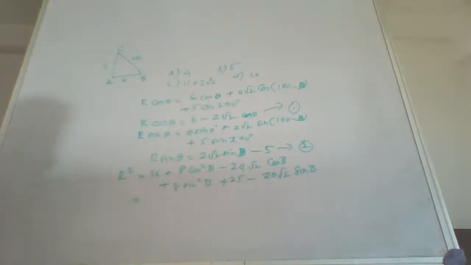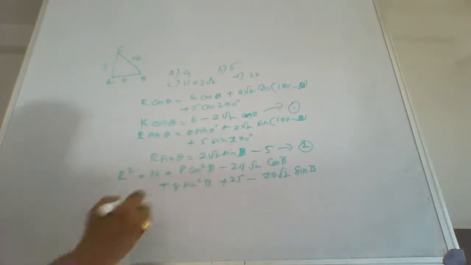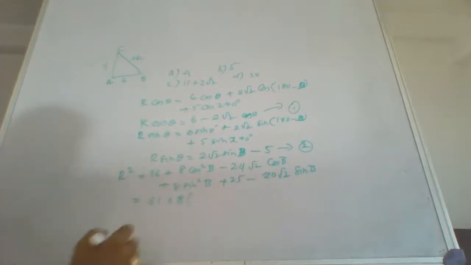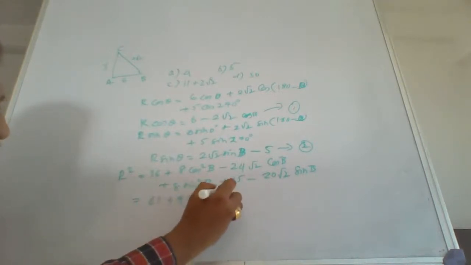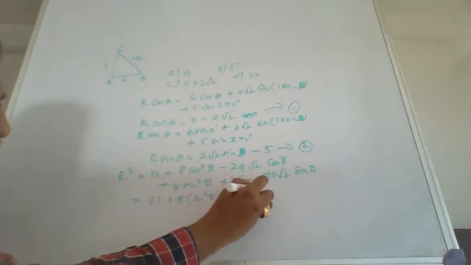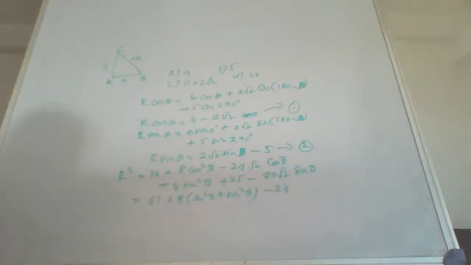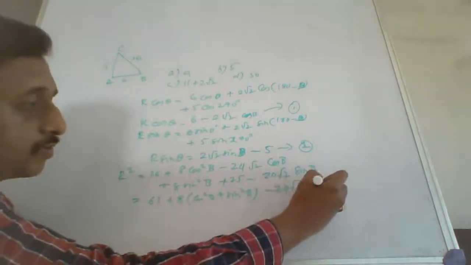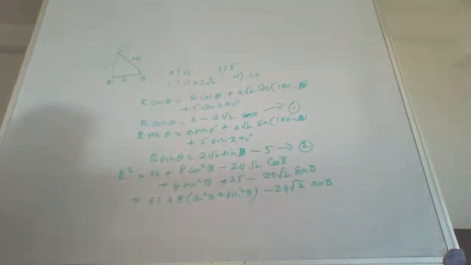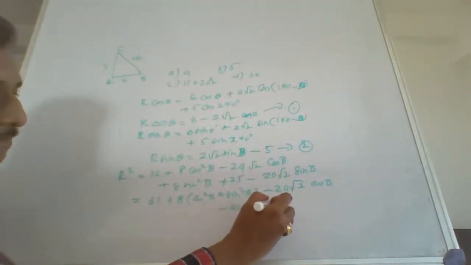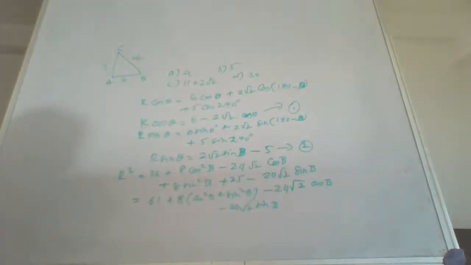If I simplify it, I get 61 plus 8 times cos square b plus sin square b, minus 24 root 2 cos b, minus 20 root 2 sin b. So this will be the solution.